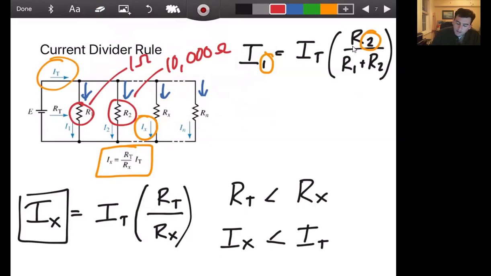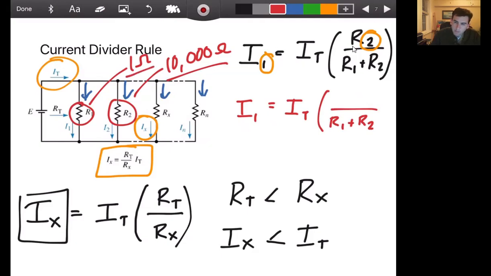If we wanted to find I1, it of course is going to be a portion of our I total, where our denominator is going to be the sum of the two of them, always. And our numerator, we can logic this out by saying, well, I know I have a whole lot of resistance down this I2 path, not very much down this I1 path.